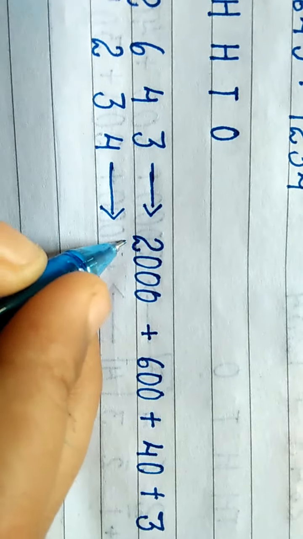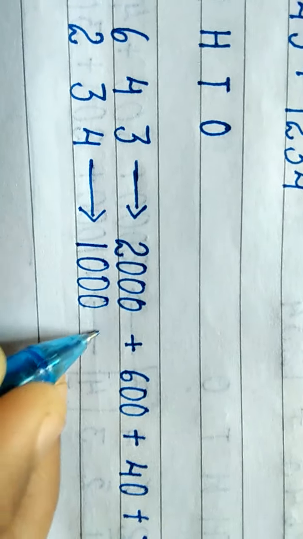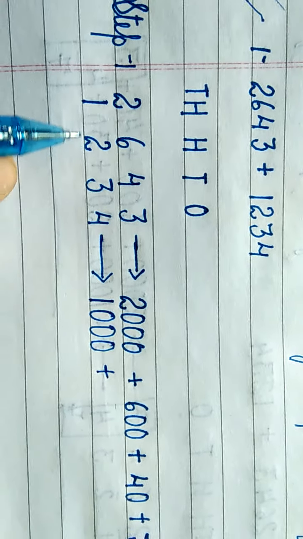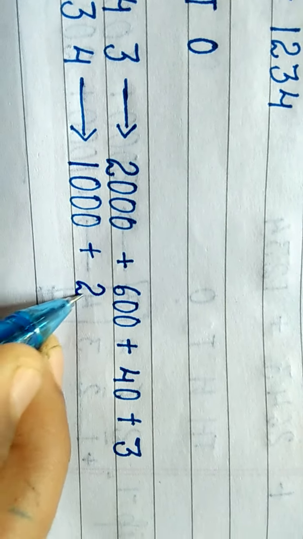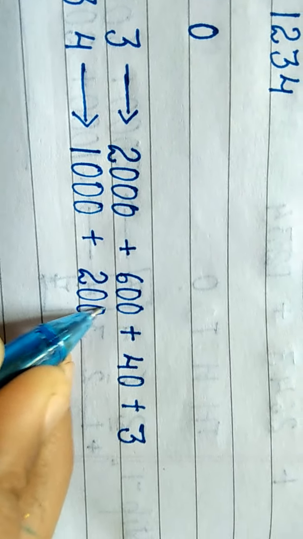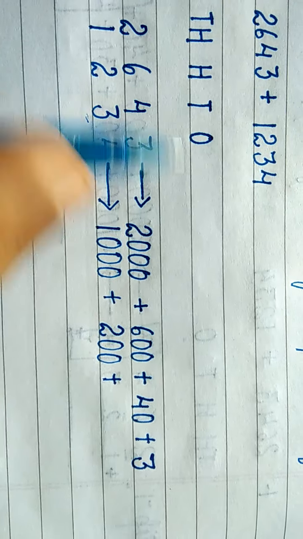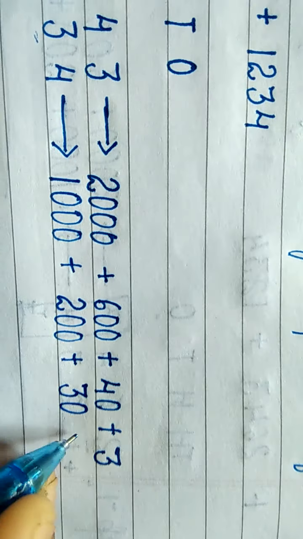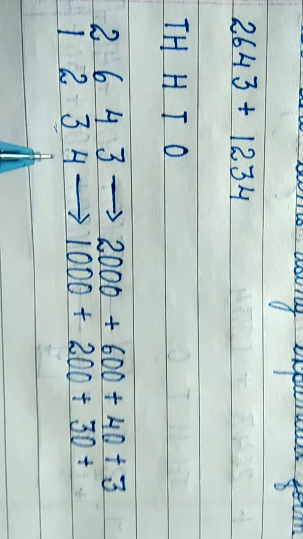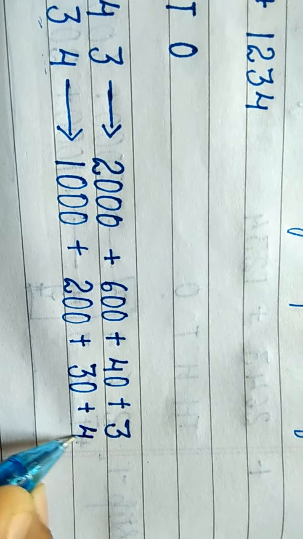So we will write here 1000. Next, 2 is in which place? Hundreds. So here you have to write 200. Next, 3 is in which place? Tens. So write here 30. And 4 is in the ones place. So we will write 4.